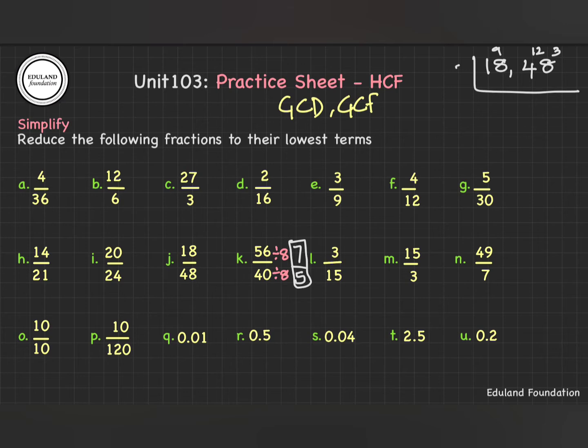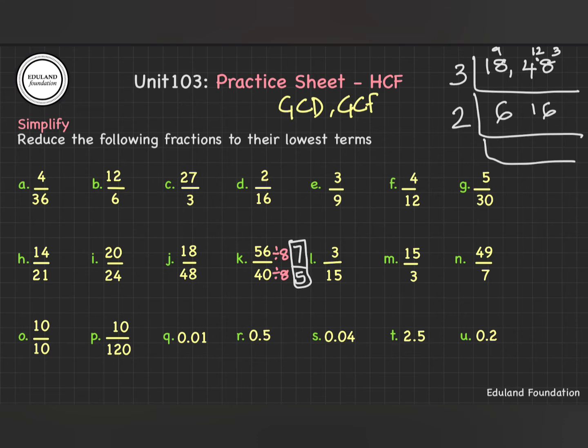I'm going to divide them by 3. 3 times 6 is 18, 3 times 16 is 48. Now I have 6, which is divisible by 3, but I have 16, which is not divisible by 3. But since I have 6 in the units place, I'm going to divide them by 2.